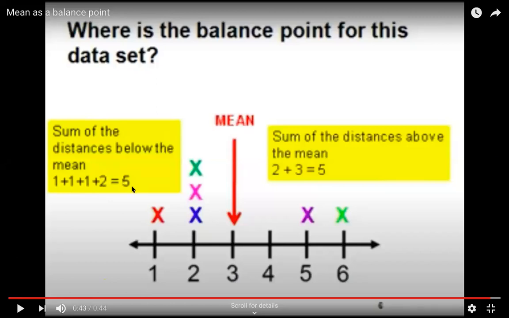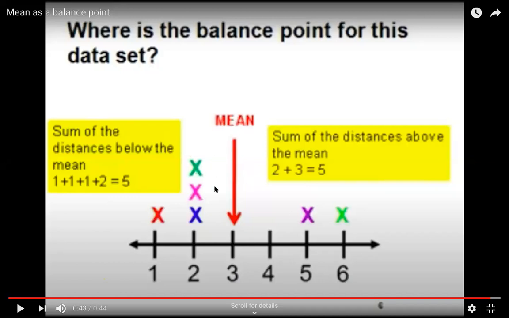Now, let's study that of spaces above the mean. Miss, can you repeat it? Okay, I will. These are the crosses of the data set, right? We need to calculate the distance from each of these crosses to the mean. We agreed that the mean is 3. Am I right? Yes.